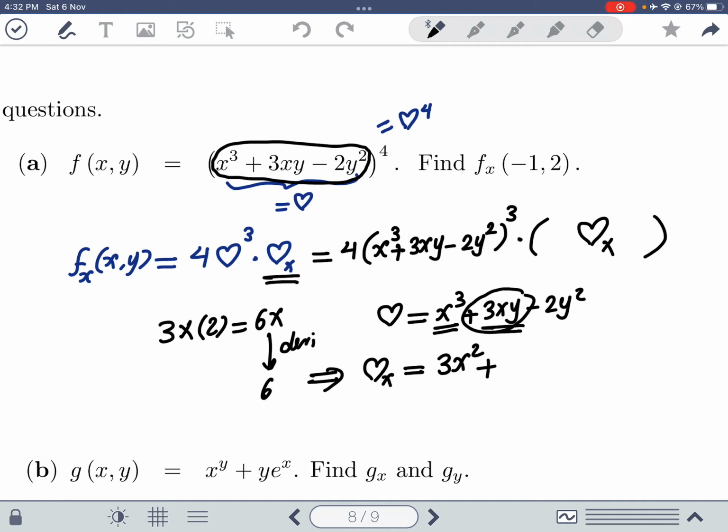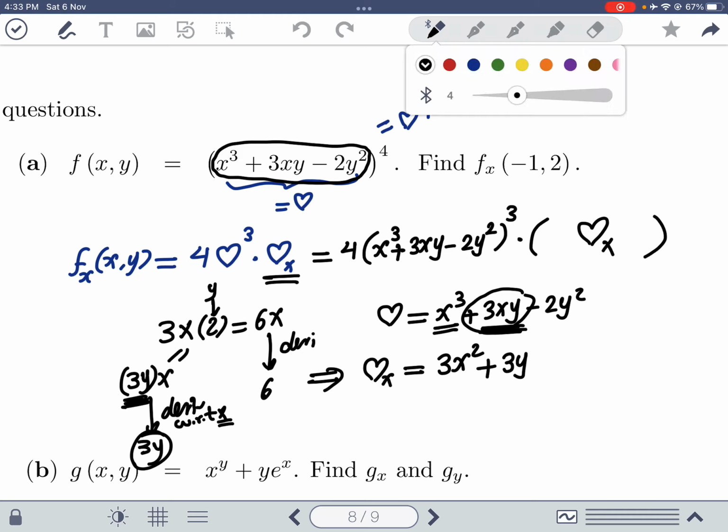So if instead of the 2 you put y, it doesn't matter. It will be 3y as the constant times x. So if you take the derivative with respect to x, then you'll just get the constant, 3y. That's why here the derivative with respect to x is 3y. If I ask you the same one but with respect to y, what would this with respect to y be?